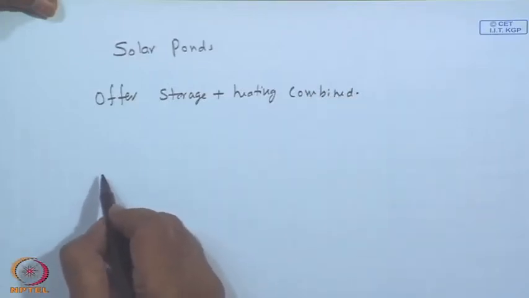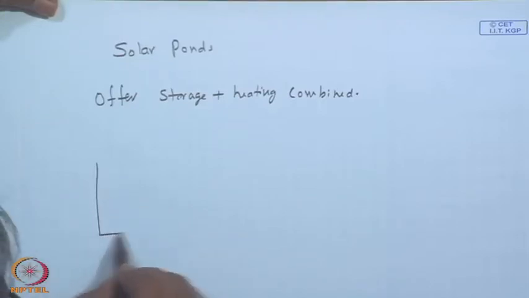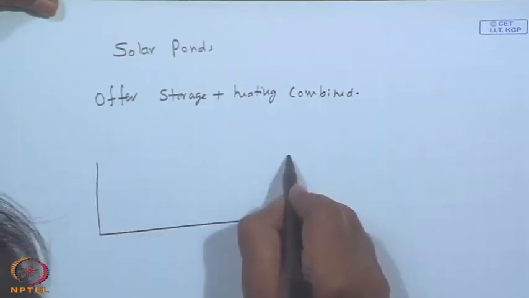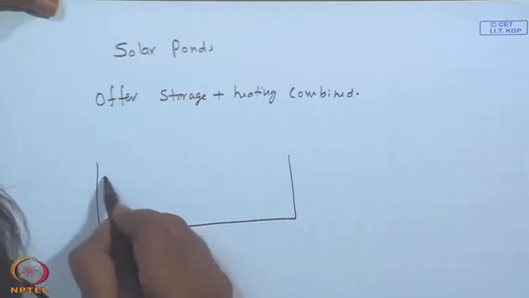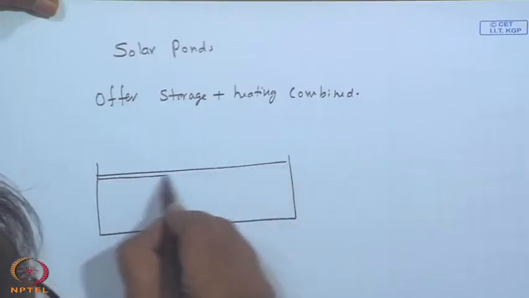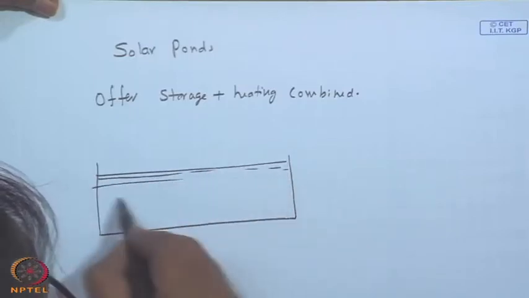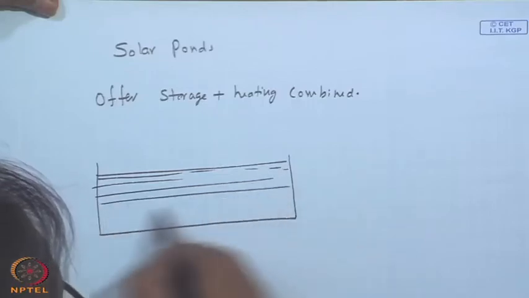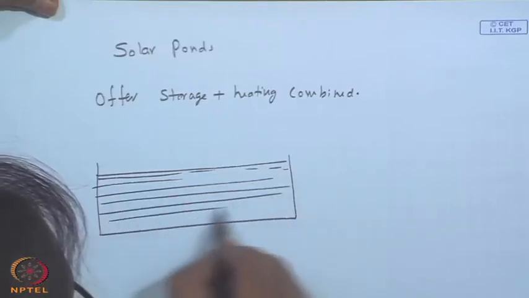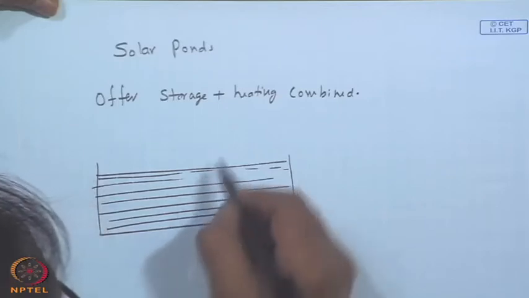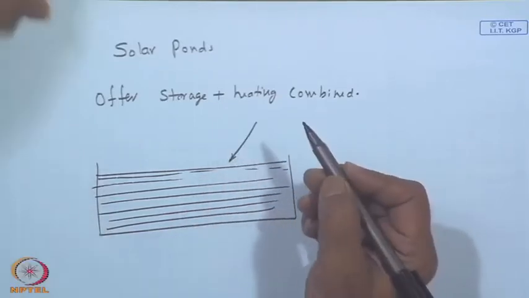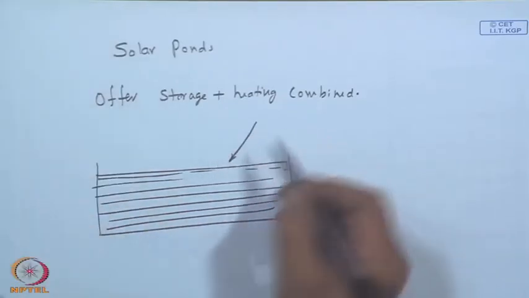If you take any ordinary pond, which I am representing just like this, there is a water, some level, it could be a river, it could be a pond, small tank. So, there is the solar radiation, some of it will be absorbed.